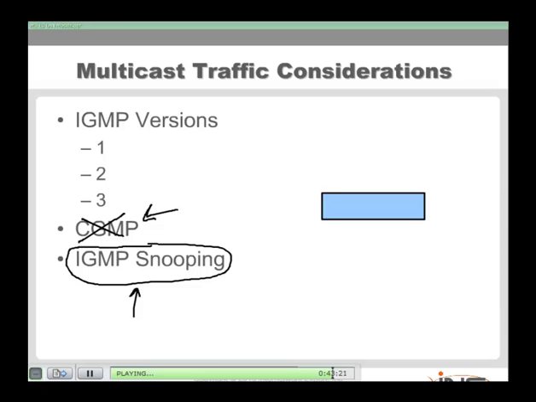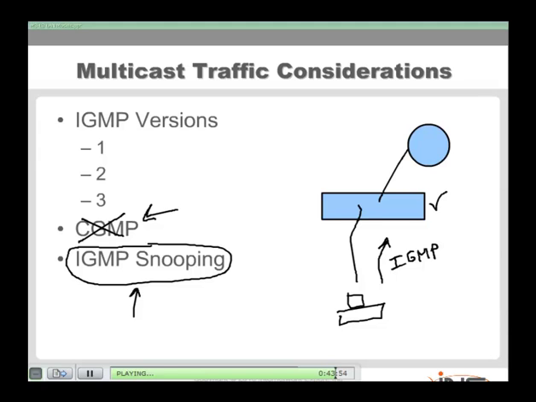After all, here's your situation. You've got a host plugging into the switch, and then that switch is going to plug into a router somewhere. So the idea here is when the host says, you know what, I want to join a certain multicast group, and it of course does this by sending an IGMP message, just have the switch eavesdrop on this IGMP message and filter out the traffic for the particular port that wants it.